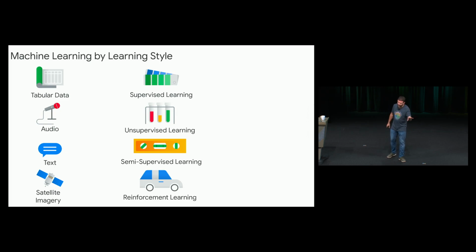Machine learning can also be characterized by the amount and the type of supervision that the model gets. In supervised learning, you know what your outputs should look like. You have so-called labeled data that expresses what you believe to be the desired answer, at least for a subset of the data. An example of a supervised learning task is classification. Is this email spam, or is it not spam?